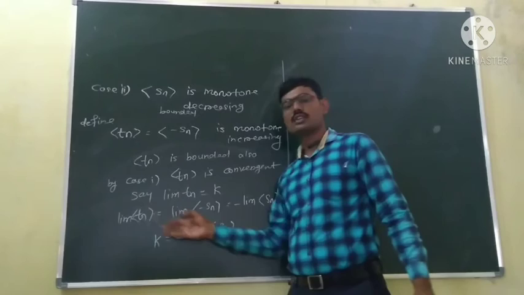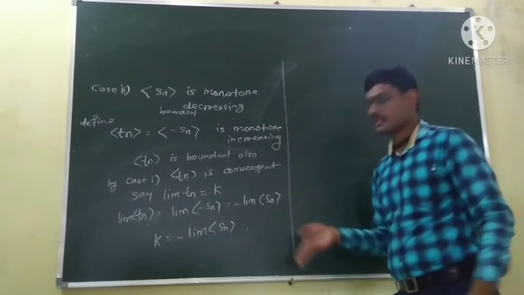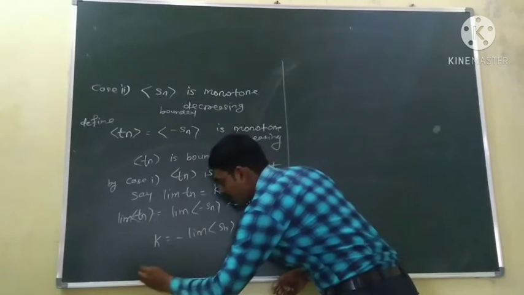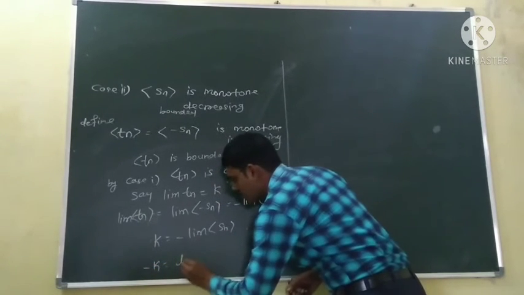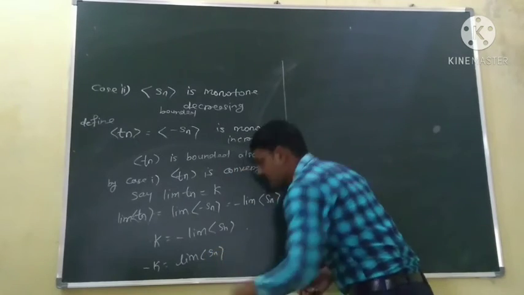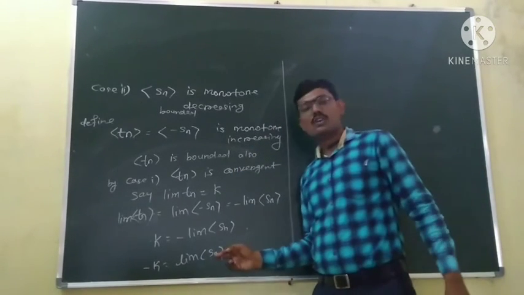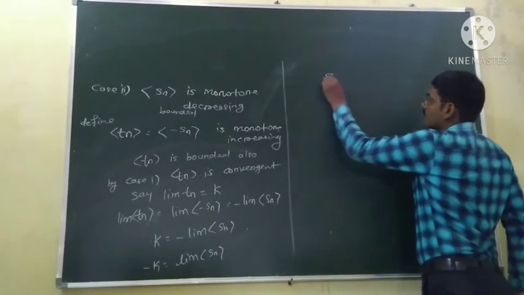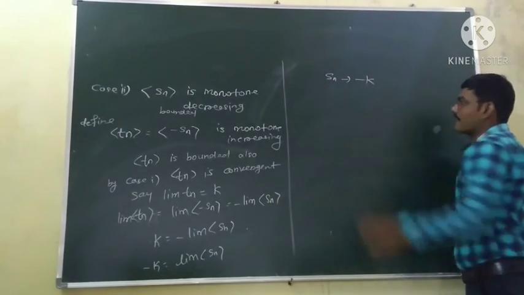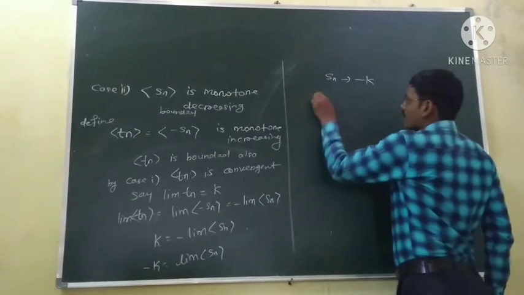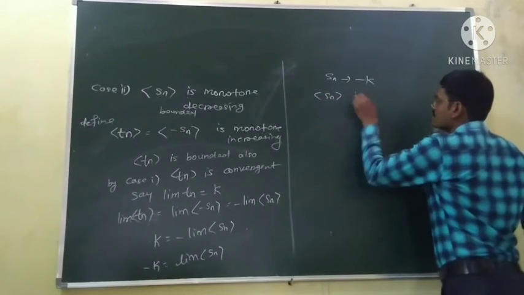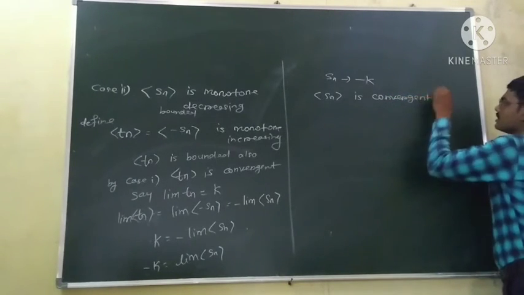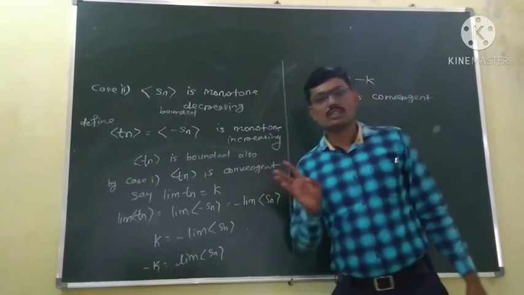Multiplying both sides by minus, we get the limit of Sn is minus K. That is, the sequence Sn is also convergent and converges to minus K. Since the sequence has a limit, the sequence is convergent.